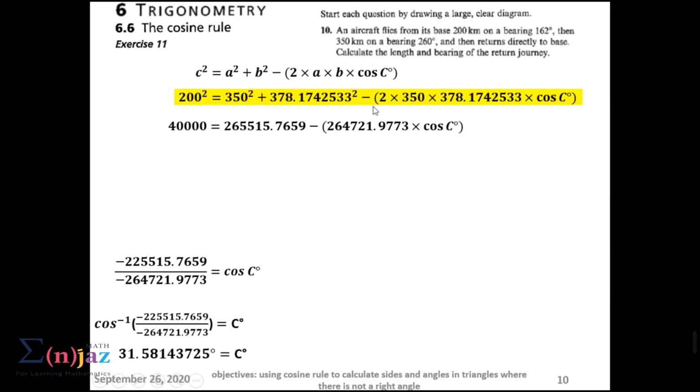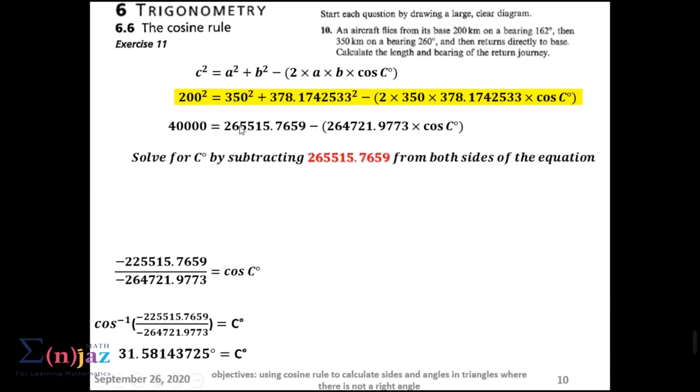Now, since we wrote the rule, we substituted, we simplified, now it is ready to apply opposite operations on it. So we're going to subtract from each side 265,515.7659.